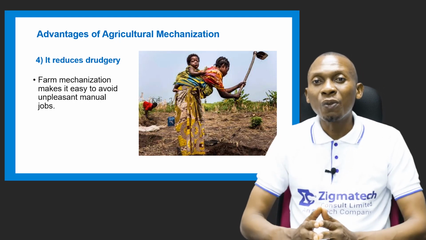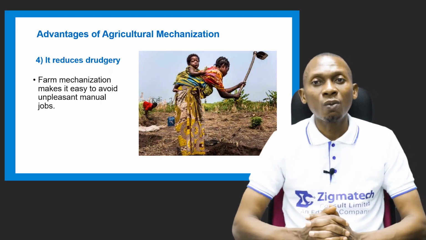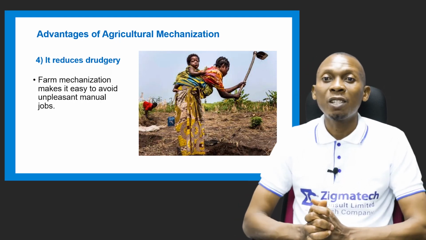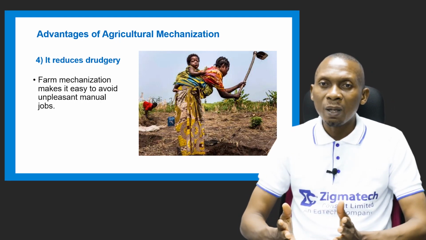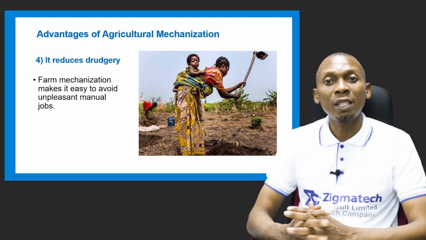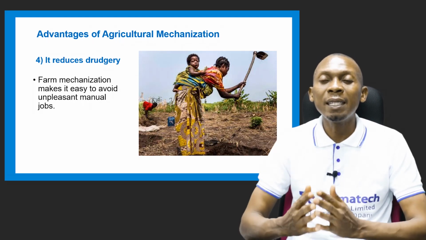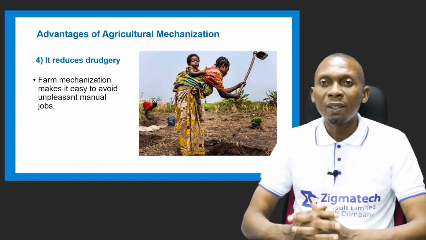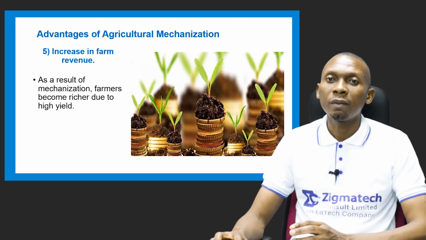This can be difficult, or even harvesting of our farm crop produce, this can be quite difficult and termed unpleasant. So when a farmer makes use of machines, which has to do with farm mechanization, such labors are made easy. So that's another advantage of agricultural mechanization.